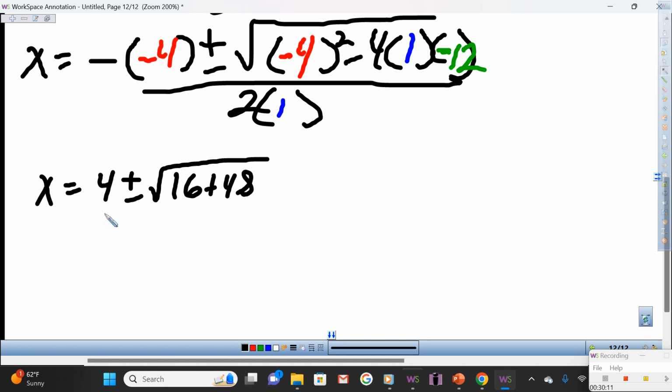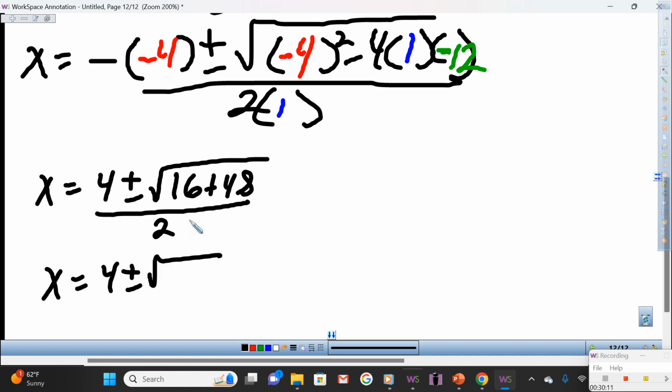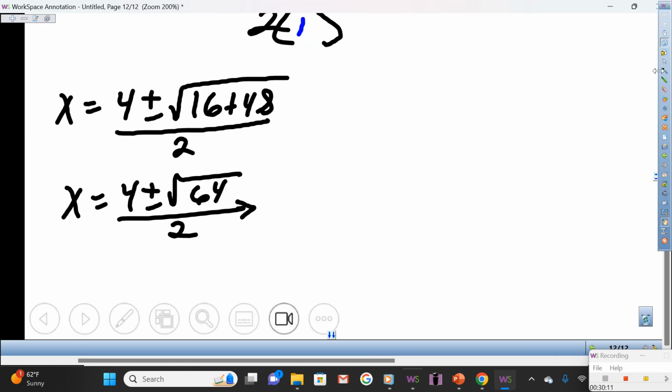Positive 48. Okay. Can I simplify this? Okay. Tell me what to write. Oh, hold on. I'm skipping a step. Sorry. So x equals 4 plus minus.